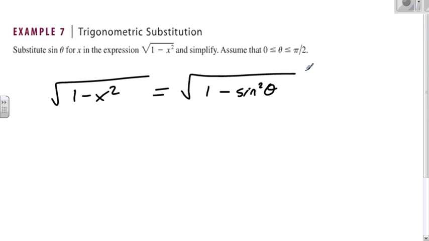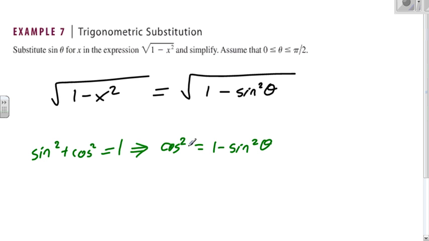And we know from the Pythagorean identities, sine squared plus cosine squared equals 1, which means cosine squared equals 1 minus sine squared. So instead of writing 1 minus sine squared, we can substitute cosine squared.